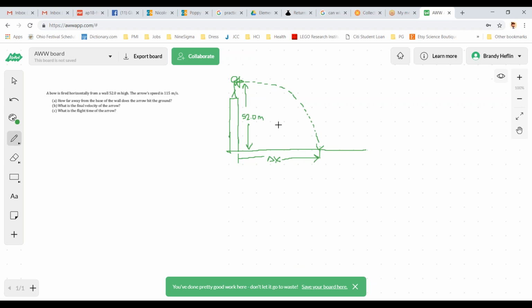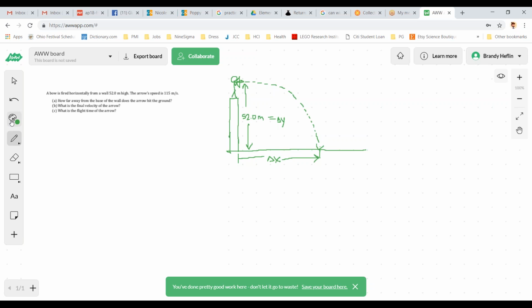So we're going to assign that 52 meters the variable delta y for change in vertical position. And in fact, in a minute, we're going to assign that a negative value because the arrow is ending up 52 meters below where it started.